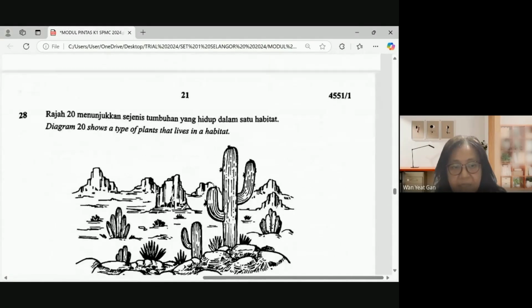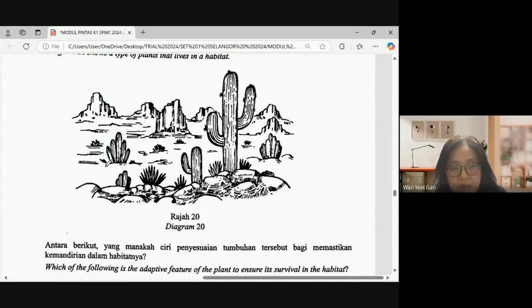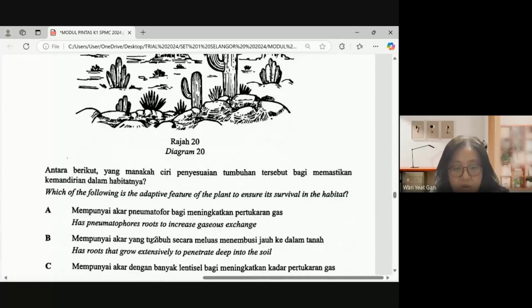Okay, diagram 20 shows a type of plant that lives in a habitat. So this habitat is a desert. The plants that live in this habitat are called xerophytes. Now the xerophytes have very long roots that grow extensively to penetrate deep into the soil to absorb water.